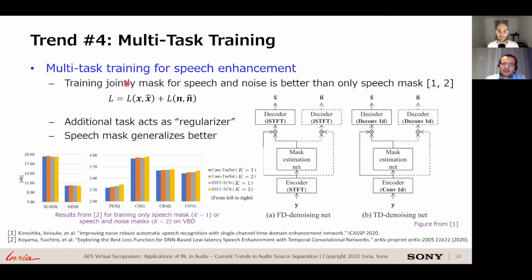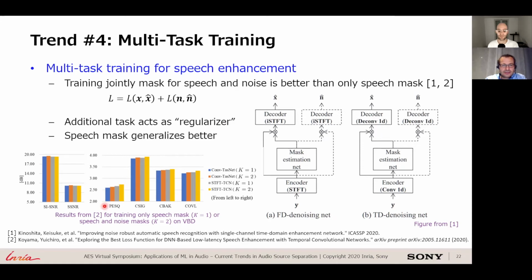But it's beneficial to train at the same time also the mask for the noise component, and to have really a loss function which contains not only the error that we make in the speech prediction, but also the error in predicting the noise mask. And this additional task acts as a regularizer, and we can observe that the speech mask generalizes better.